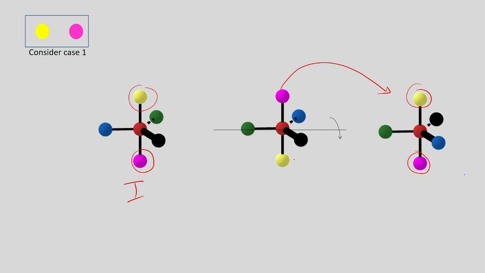But you can also superimpose one of the other atoms at the actual position. Suppose we go for the black one, and the black one is now not at the same position as in molecule 1, so we can do that also.